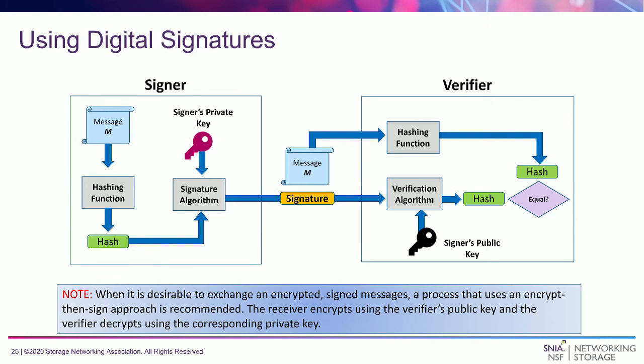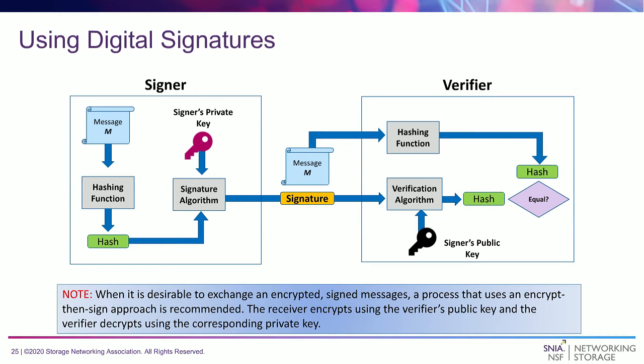But more importantly, you see that there's a message input to a hash function, which produces a hash value. The signer's private key is basically used to encrypt, if you will, that hash value. The original message is transmitted, the signature is transmitted, and the process is reversed on the other side.